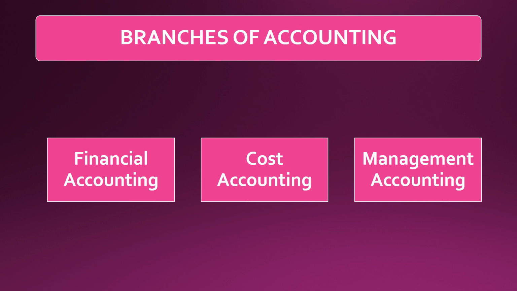Financial accounting is the branch which we are doing, which records the financial transactions and events. After that, it summarizes and interprets the result before communicating the result to the masses and to the users of it. And financial accounting also determines profit or loss.